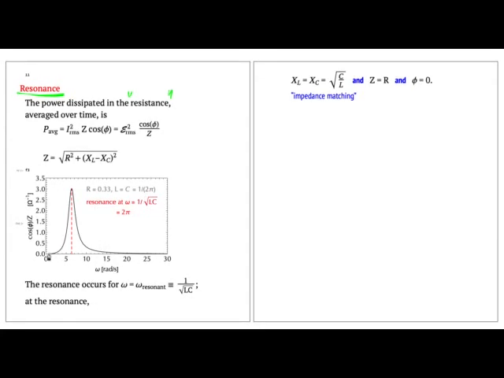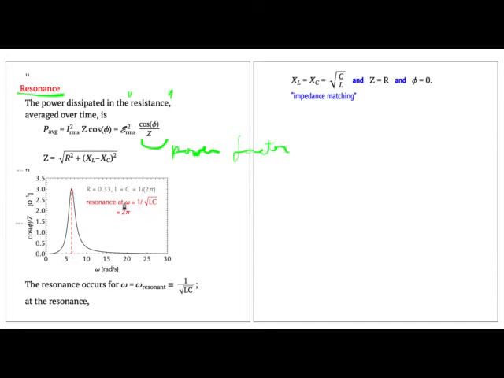And you see how the power factor, so this is something that's called the power factor, has a peak. That's called a resonance. The power factor is largest at this peak.